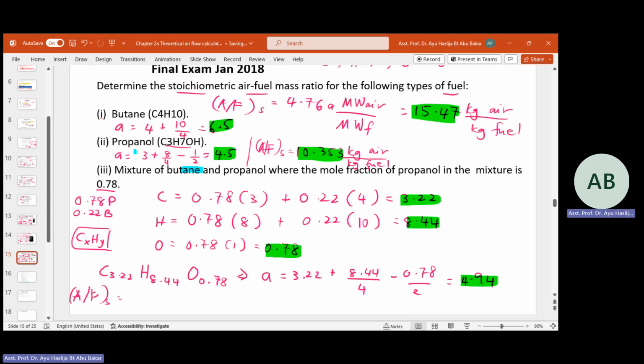AF, berapa? AF around there. A dia betul, 4.94. Okay, betul lah. So using the A, cari the new AF. Berapa tadi dapat? 11.